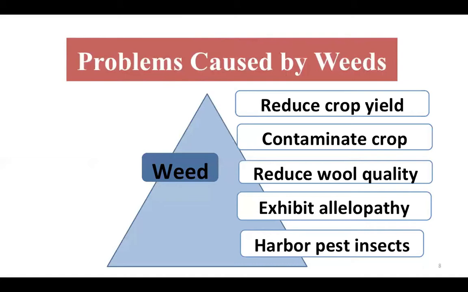Weeds either give shelter to the various insects, pests, and diseases, or they may serve as an alternative host. Weed secretions are also harmful. The heavy growth of certain weeds like quackgrass and motha lowers the germination rate and also reduces the growth of many crop plants.